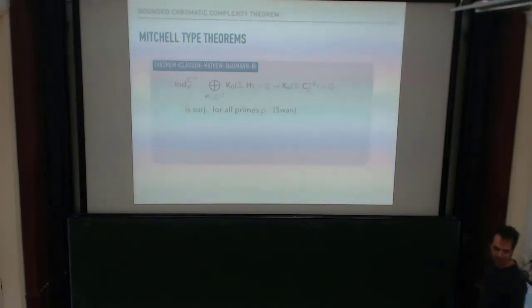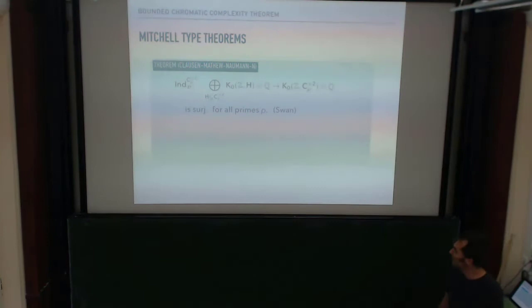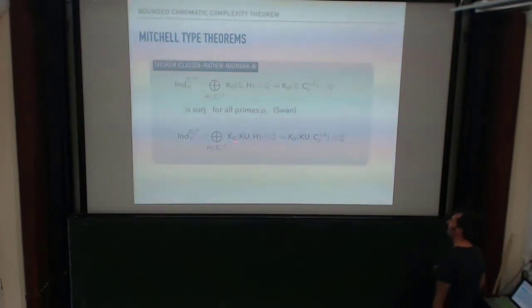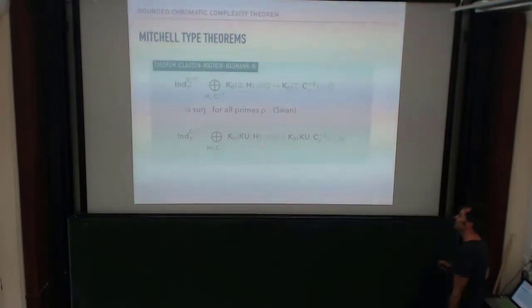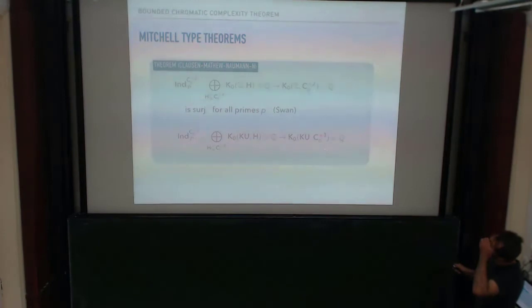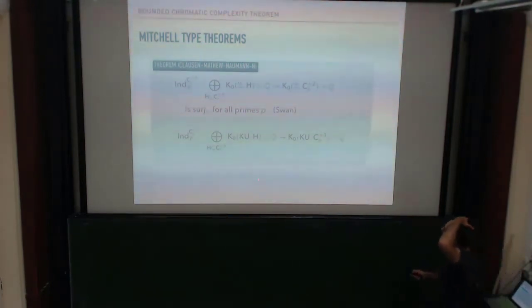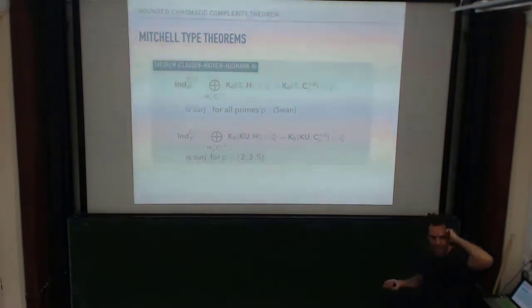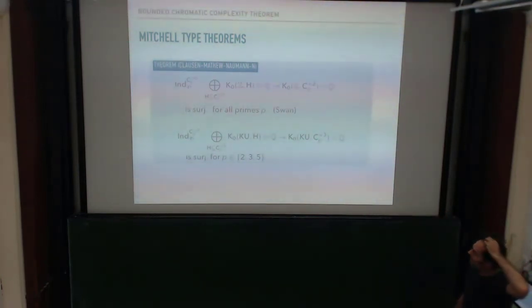So this isn't new. This was due to Swan. This is a classical result. A new one is that if you do this for KU modules, just with a G action, and we do this elementary abelian p-group of rank 3, we get a surjection for these primes, 2, 3, and 5.